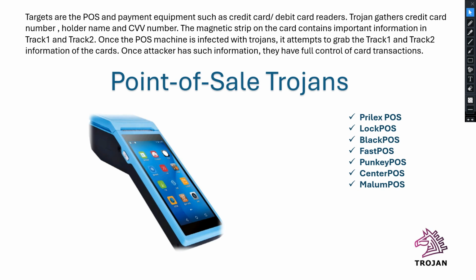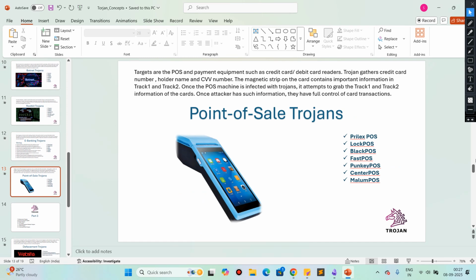But yes, if you have full knowledge, then only try to do something with your known or unknowns. You might be in trouble if you just try to explore or exploit the relevant or nearby users. Okay, that's it for the point of sale Trojans.